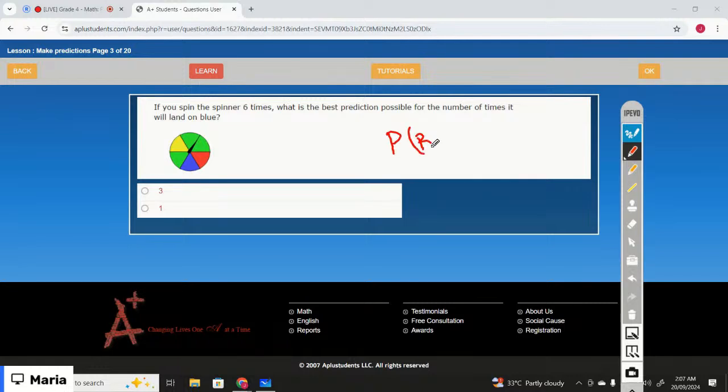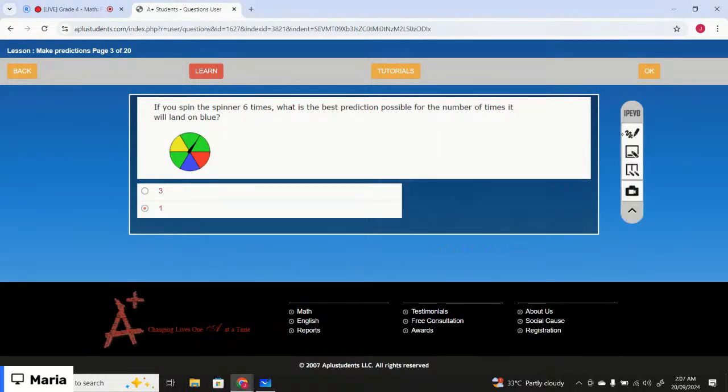Only one of the portions is blue, that is 1 over 6. The probability of blue is 1 by 6, right? That is 1 by 6 times 6 because you did that 6 times, right? So the answer is 1. Option number 2 is the correct option, right?